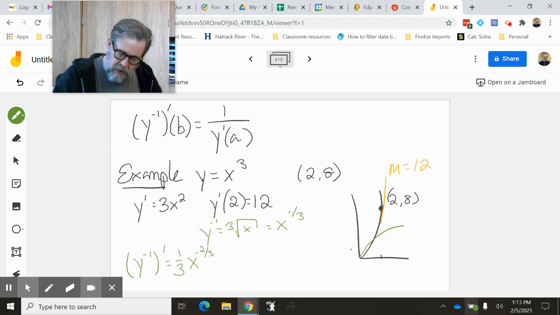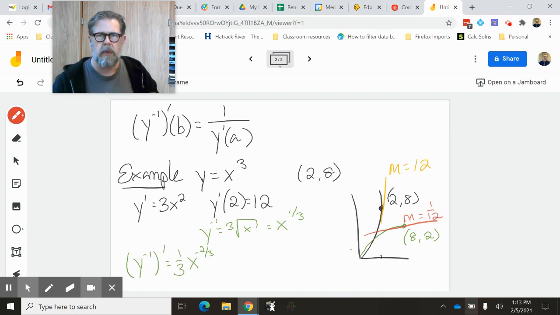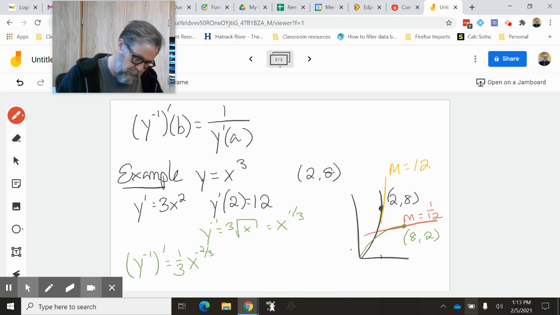So recognizing here that this point is 8, comma 2, the corresponding point, and it has a tangent line, I would expect that slope to be 1/12, according to my idea. So let's see what happens.